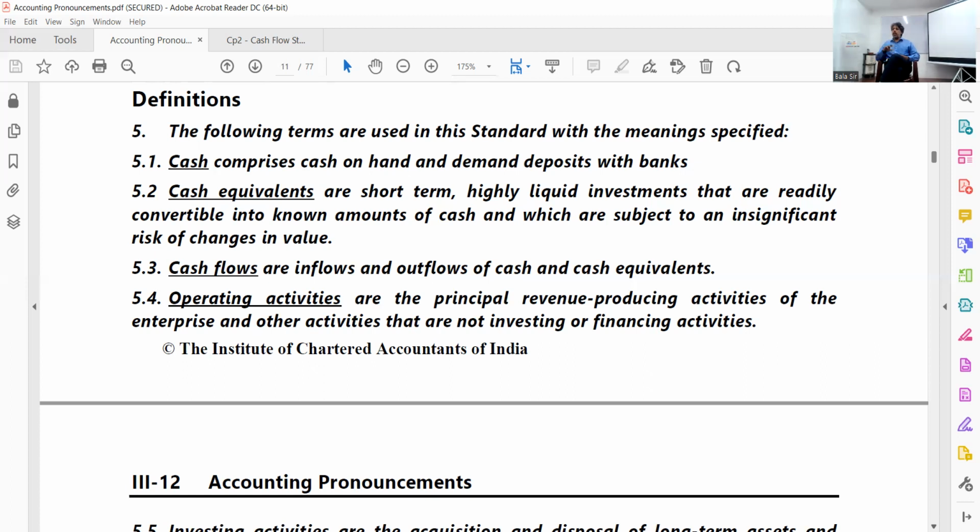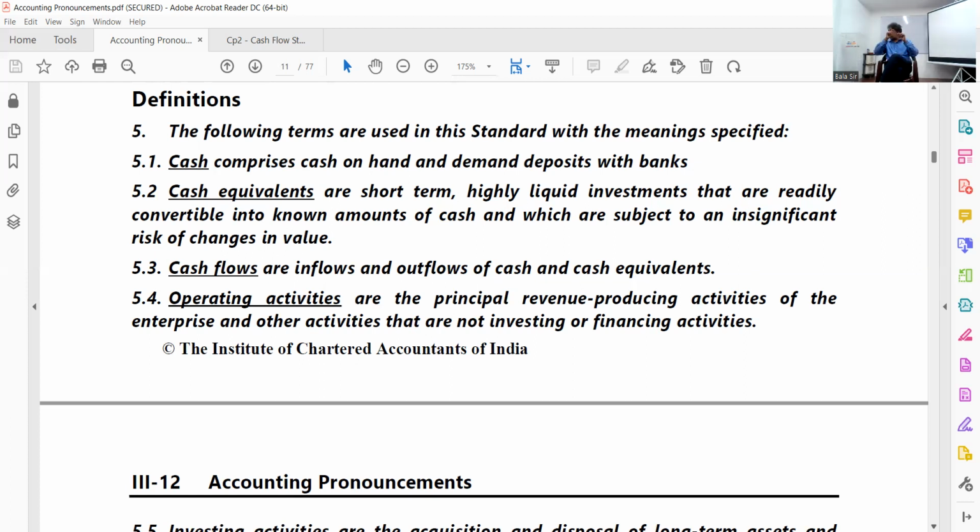People ask, sir, when I borrow money, I have to pay interest. Then when I issue shares, I have to pay dividends. So where do they show interest and dividends paid? That will come under financing, because it is a cost attached to the funding.